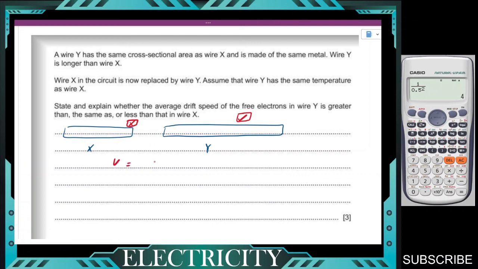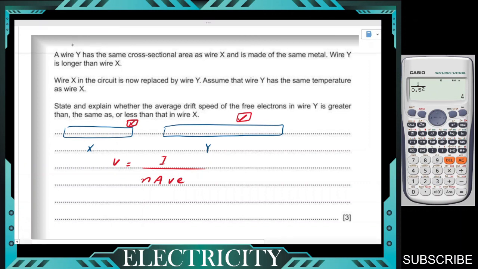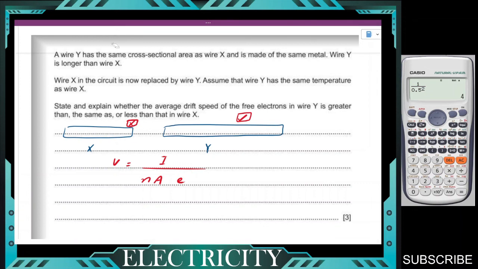So I'm going to write down the formula of drift speed. V equals I over nAe. Sorry, V we have already placed over there, so you don't have to write V once again. So this is what we get. Now you see many of the values being kept constant.